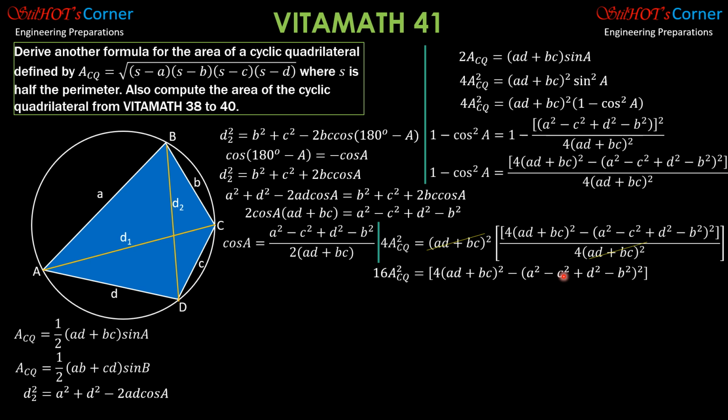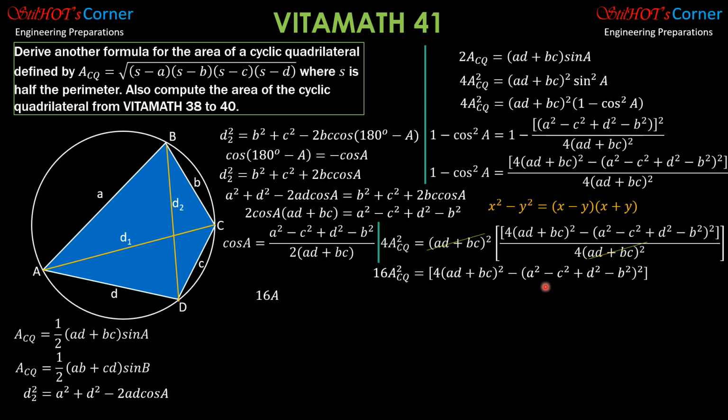And take note that in 4 times quantity AD plus BC squared, only AD plus BC is squared. This is a difference of two squares, and we note that we can write this as 2 quantity AD plus BC, then quantity squared. So this is a perfect square. This is also a square, so difference of two squares. And remember the factored form of difference of two squares, x squared minus y squared, would be x minus y times x plus y, where x is 2 quantity AD plus BC and y is the whole of these terms inside this parenthesis.